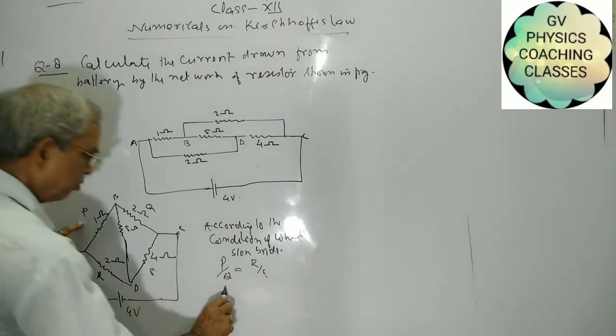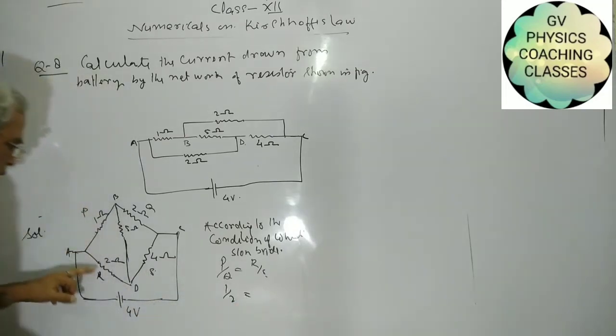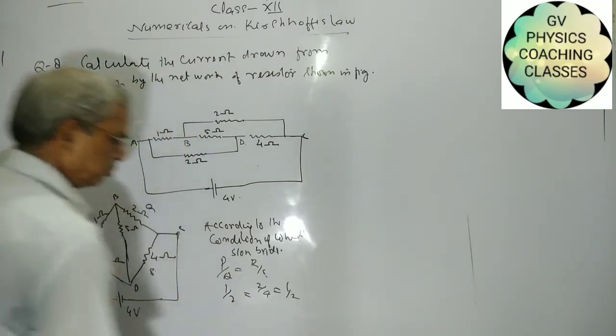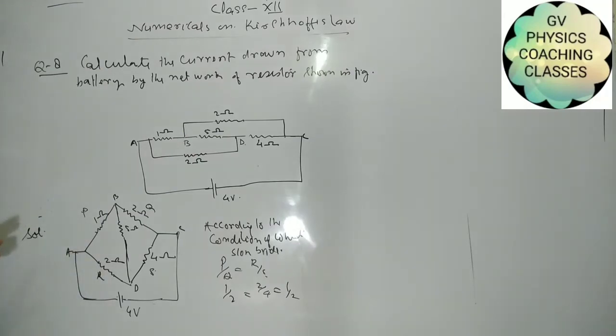Here 1 upon 2 and 2 upon 4, it means 1 upon 2. It balances the Wheatstone bridge condition.